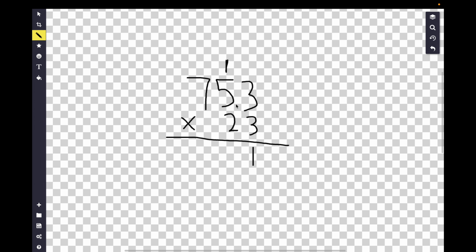Now we have 3 times 5 is 15, but 15 is not a valid digit in base 8 again. So we have to see how much 15 goes over 8 by. It goes over 8 by 7, so we put 7 here. But wait, we have a 1 to add up here, so this will actually become 8.